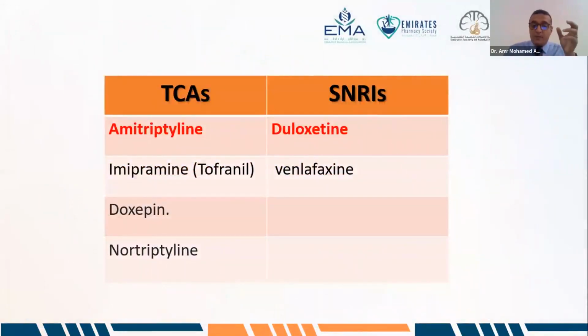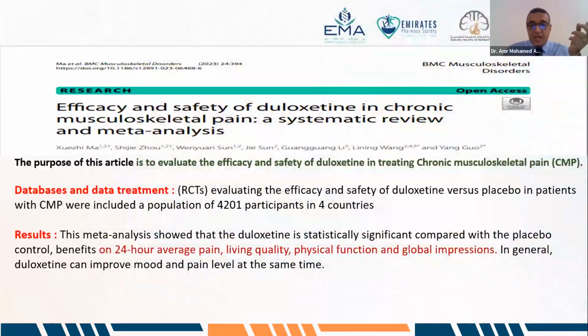The main medication from tricyclic antidepressants is amitriptyline, and from SNRIs is duloxetine. There is a systematic review and meta-analysis showing the efficacy and safety of duloxetine in chronic musculoskeletal pain. The purpose of this article is to evaluate the efficacy and safety of duloxetine in treating chronic musculoskeletal pain.